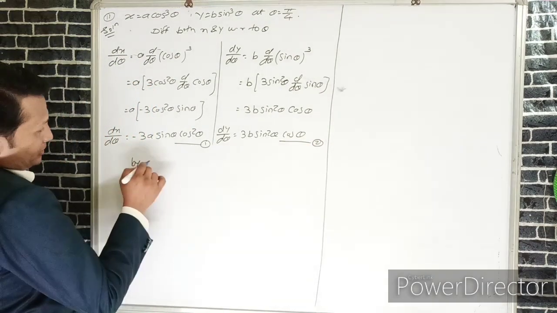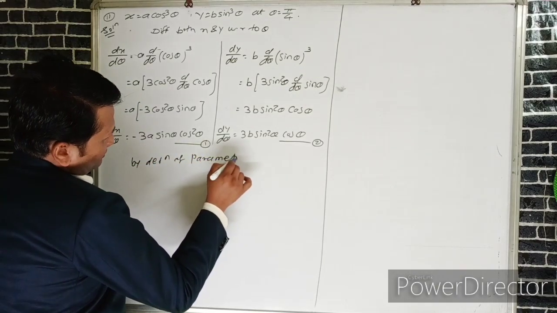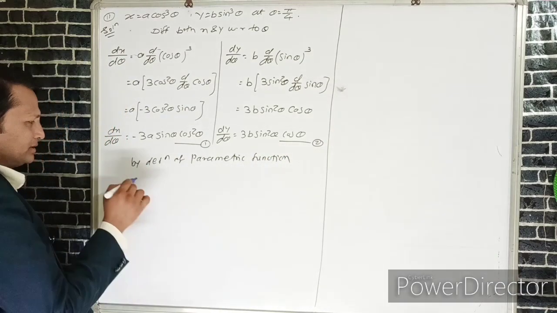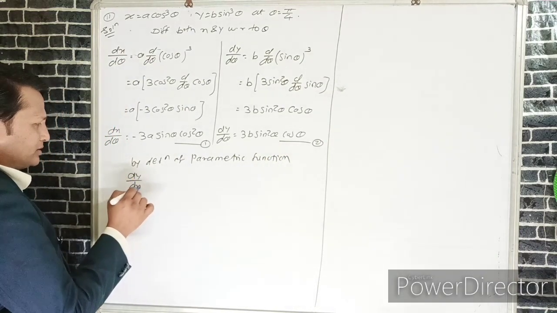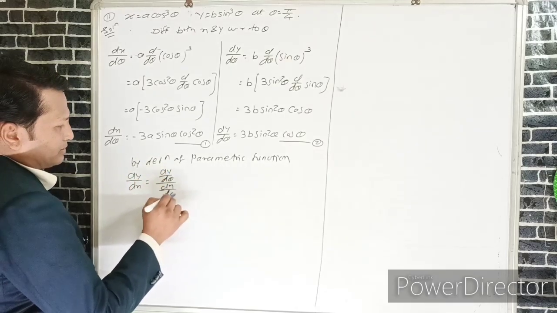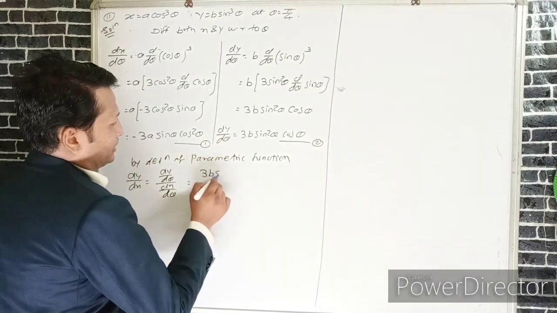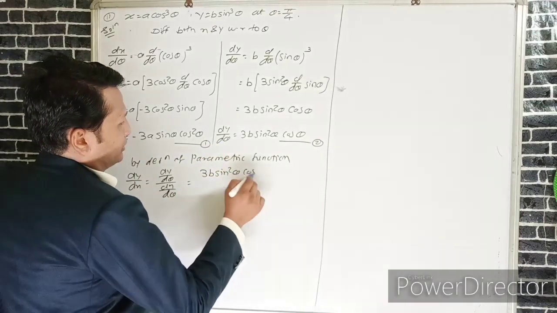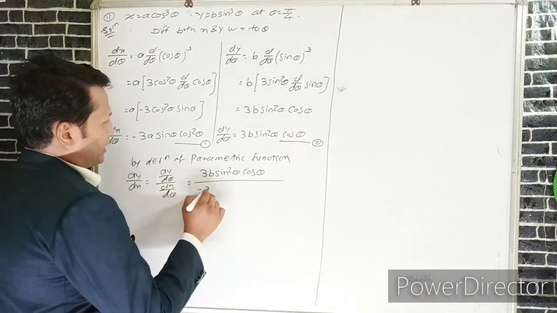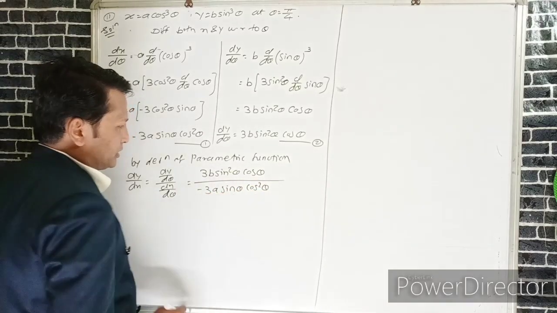By definition of parametric function, we can write dy by dx is equal to dy by d theta upon dx by d theta. Here the value of dy by d theta is 3b sin square theta into cos theta upon dx by d theta, which is minus 3a sin theta into cos square theta.